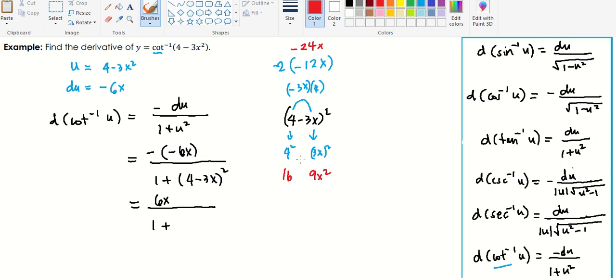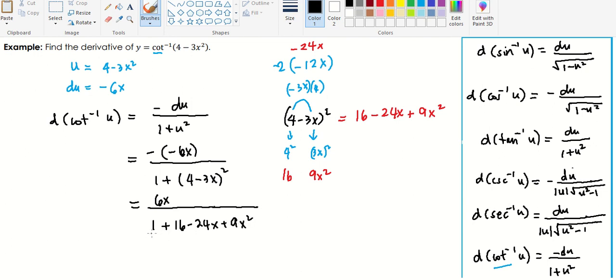Alright, so now, lagyan na lang po natin. So our first term is 16. Our middle term is negative 24x. And then our last term is, since this is positive, so you are going to write plus 9x squared. Alright? So we have 16 minus 24x plus 9x squared.